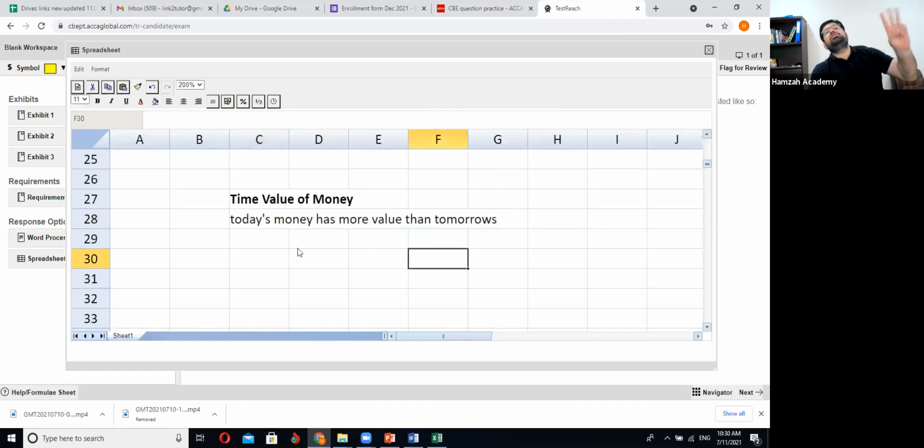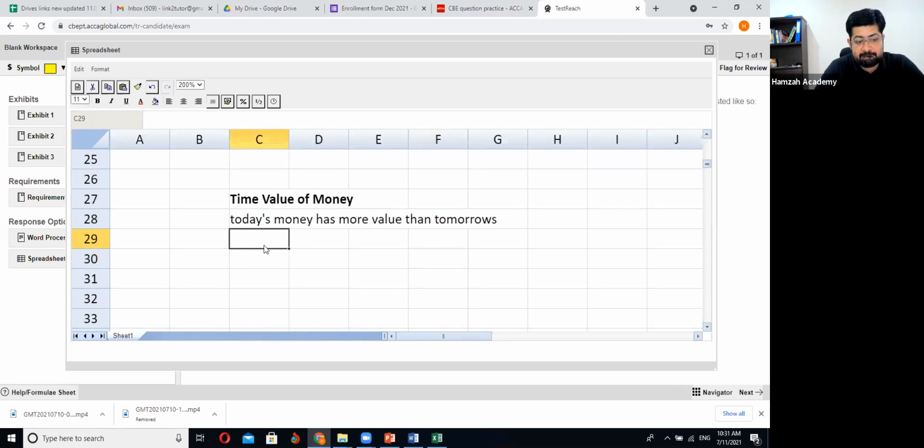Because of three reasons. Number one, inflation. Money will be devalued. If you get 1,000 rupees today, and you say after 1 year, the value will be reduced because of inflation.